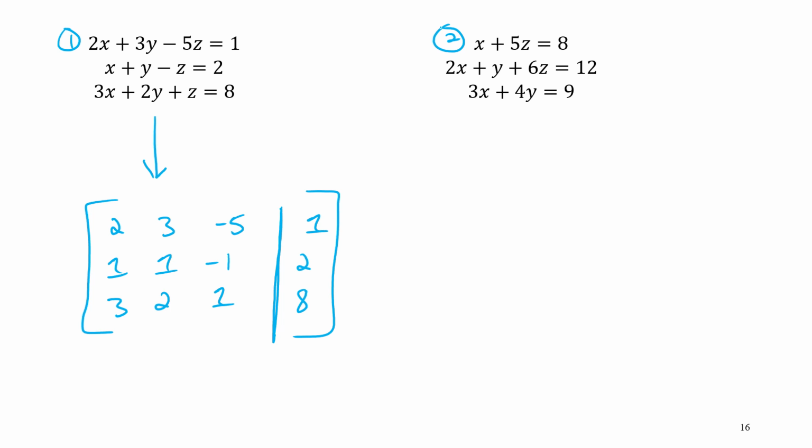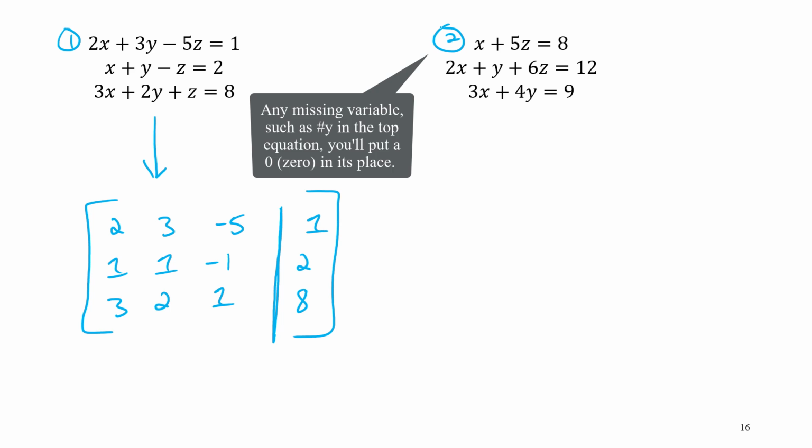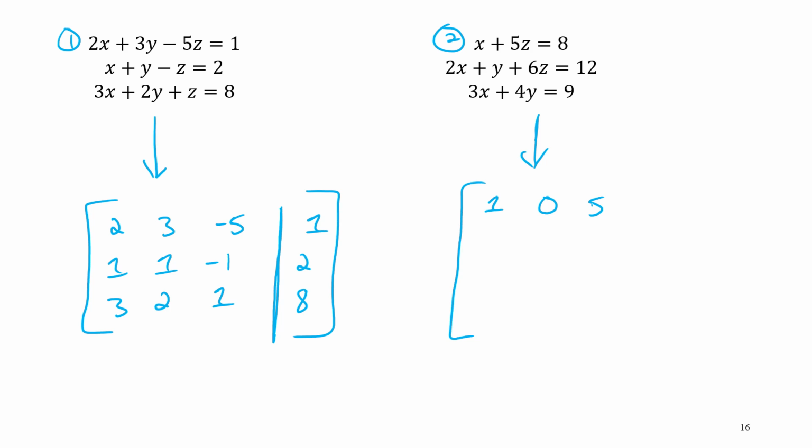For our second one, any spot that is missing, you would replace it with a 0. So for example, in this case, for row 1, we would have for the x position 1. Our y position isn't there, so we put a 0 in place for it. And then z would be 5, the answer or the equal sign, and the 8.